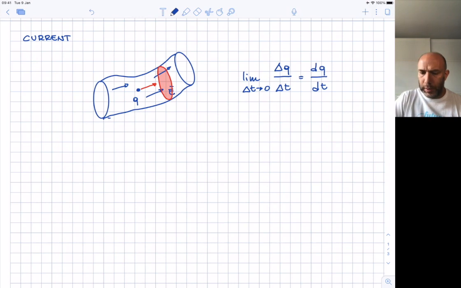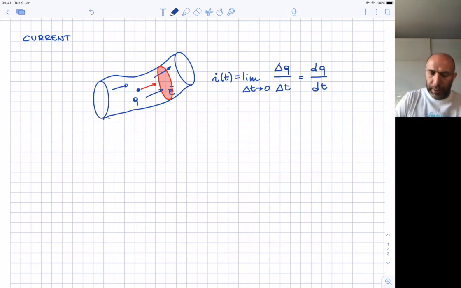This quantity is called current. Or in a more precise way, we call this quantity electric current intensity. But in short, we say current.